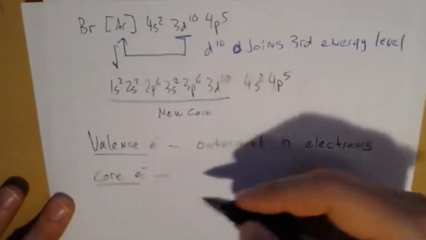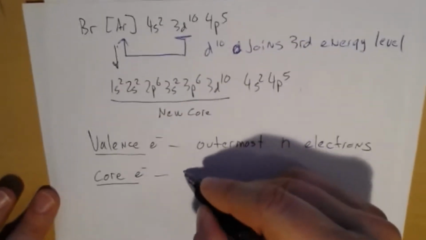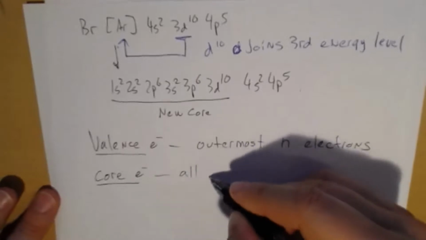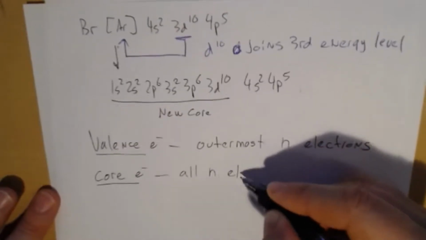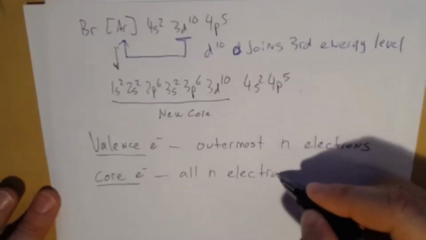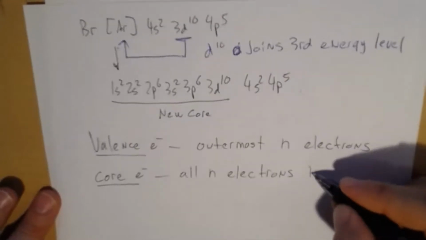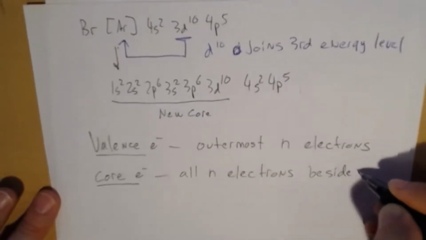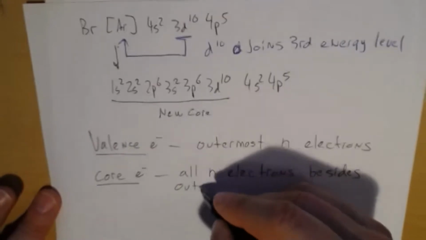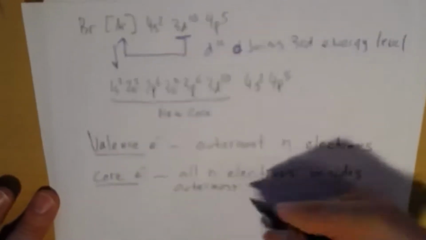The core electrons are all n electrons besides the outermost n electrons.